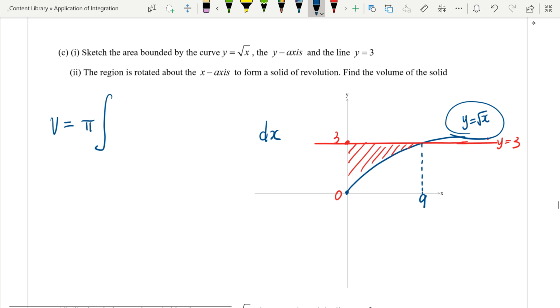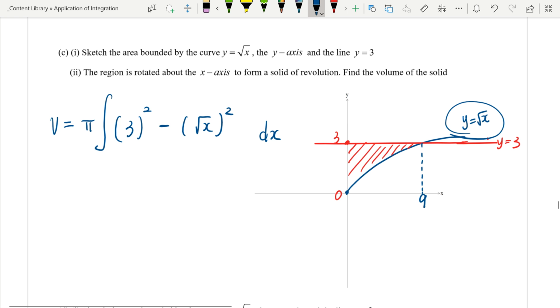So the top function is y equals 3, which is 3 squared, minus root x squared. So it's the top function squared minus the bottom function squared. That's how you work out the area if it's not bound by the x-axis. It's bound between the two lines.